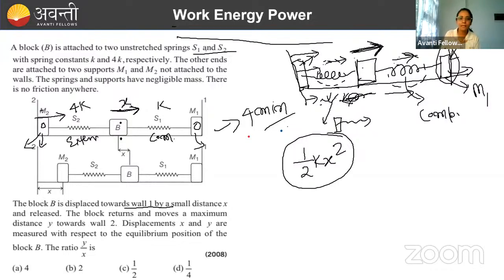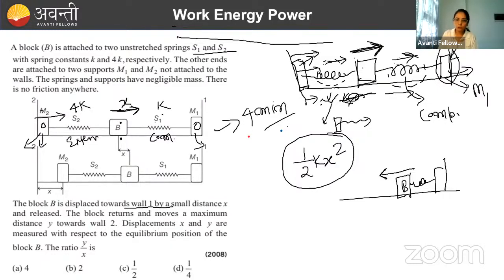Now what will happen in the second case? Second case means this block got displaced towards M1, so it got compressed by certain distance x. Now after maximum compression, if I draw the diagram here, this compressed spring will apply force on block B in this direction.